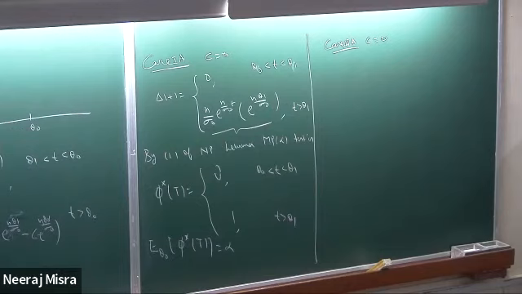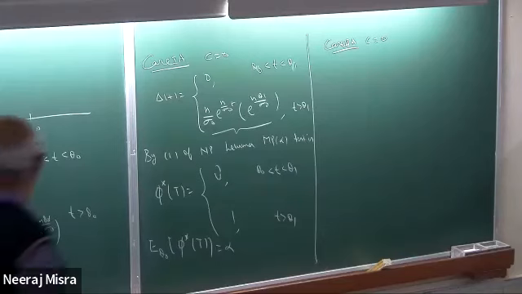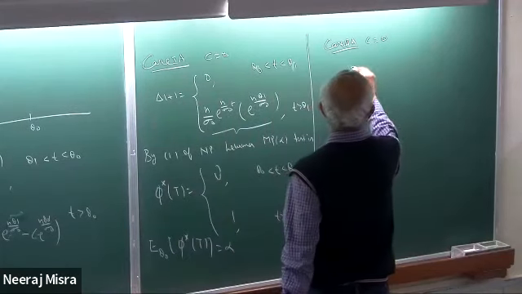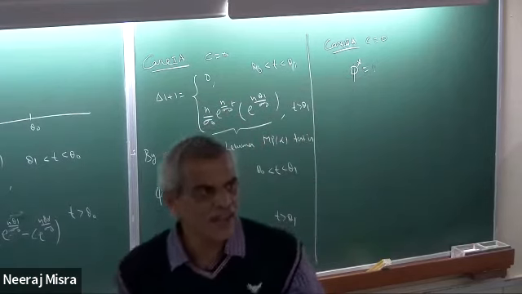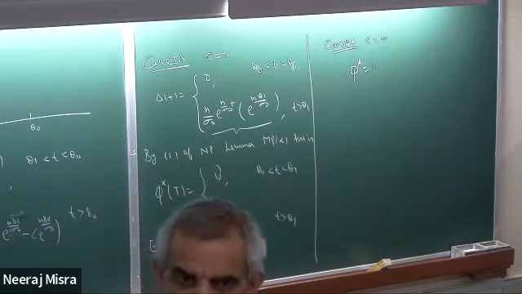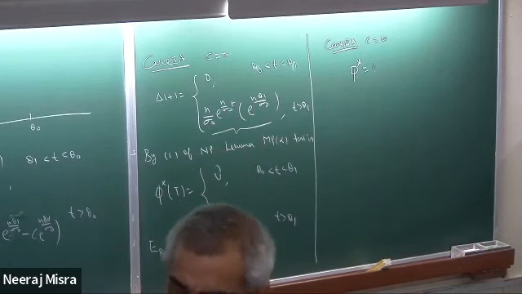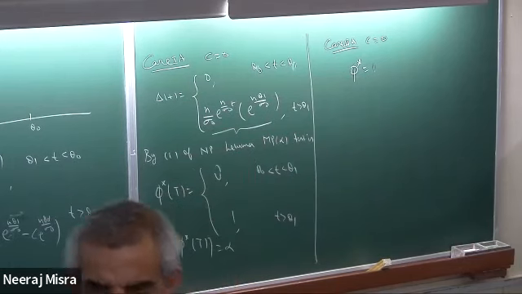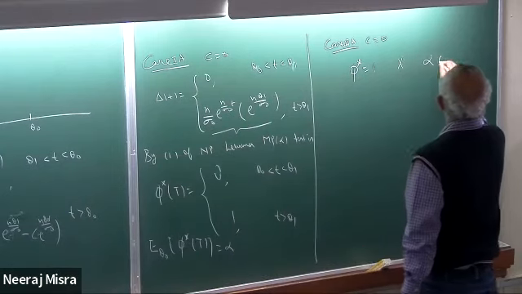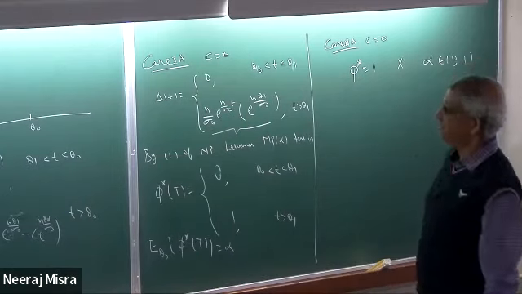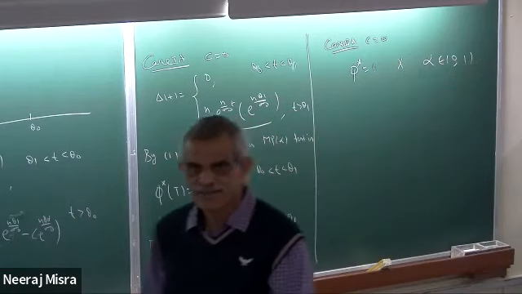So phi star is always 1. So if I want E theta naught phi star to be alpha, and alpha is between 0 and 1, I cannot get anything. So this will not work because my alpha is between 0 and 1, and I want my E theta naught phi star to be alpha.